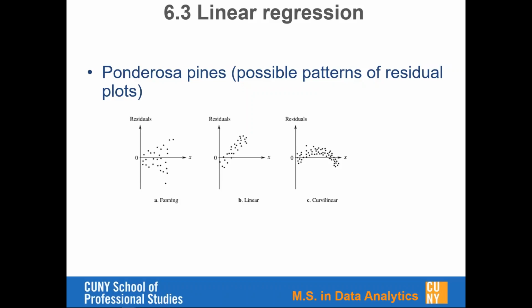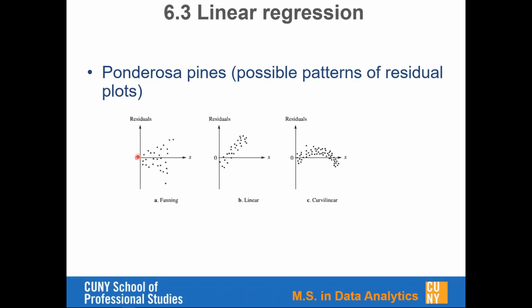So for the residuals, when you look at the residuals of your linear regression, you want to look at whether they follow a certain shape. For example, it could be a fanning shape, a linear shape, or a curvilinear shape.